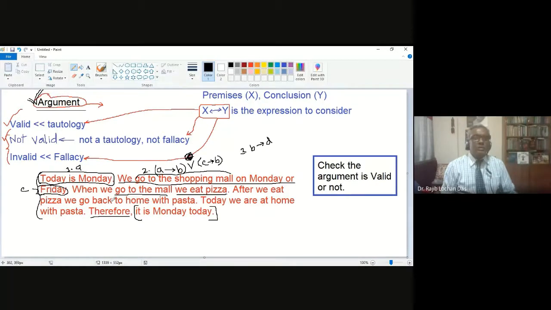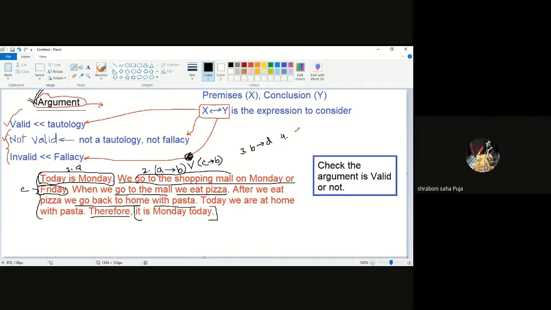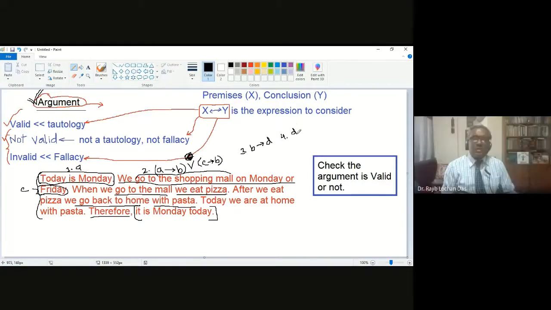Going back home is another variable, maybe E, and we take pasta, that is another variable, maybe F. So after we eat pizza, that means D, right?